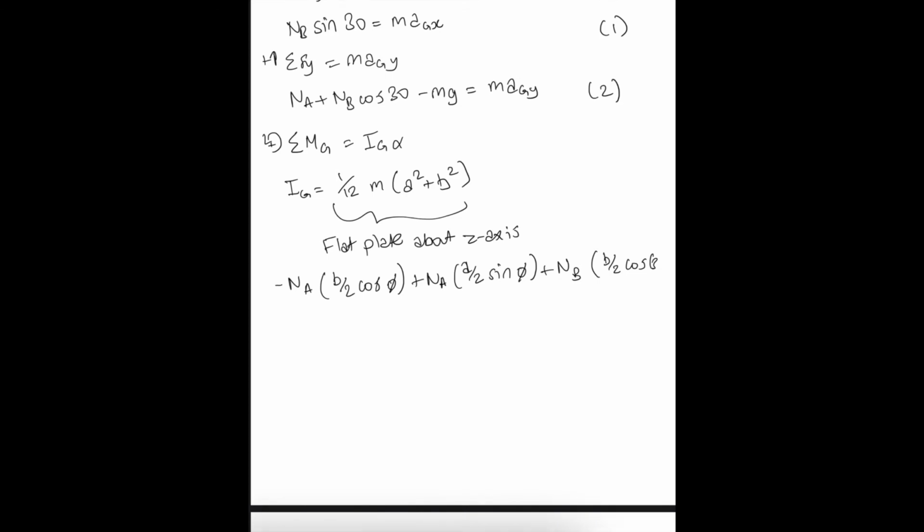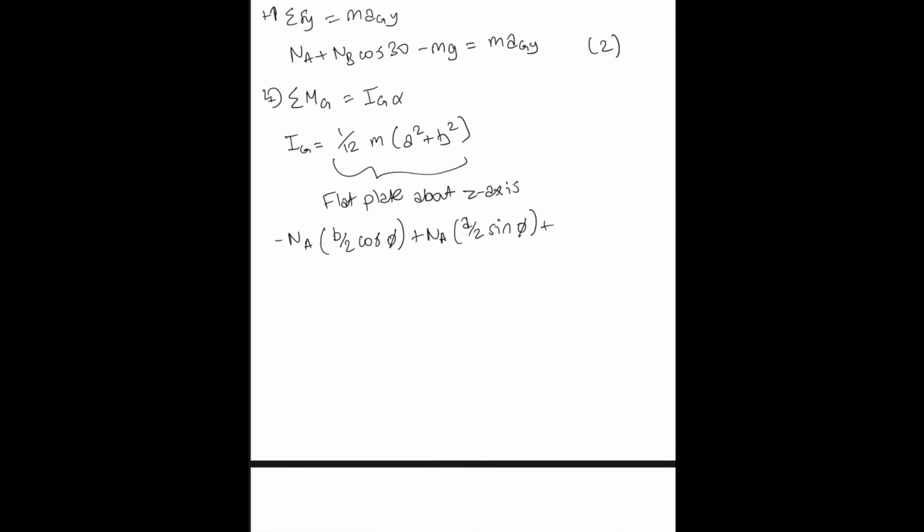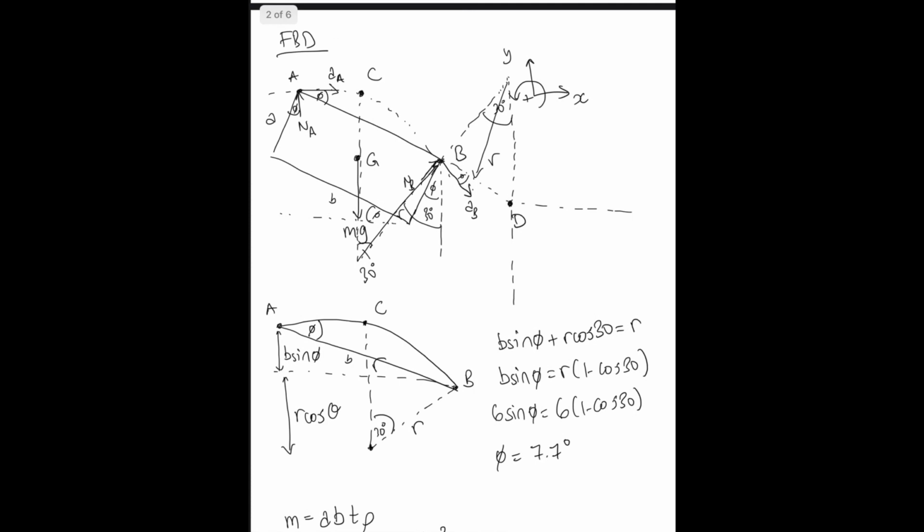Okay, let me write that on the next line. Plus NB multiplied by b over 2 cosine 30 minus phi. This is because over here you can see that this angle that we need to find is equal to 30 minus phi.